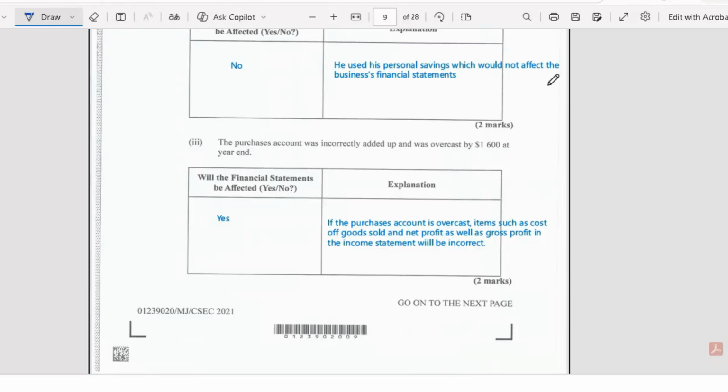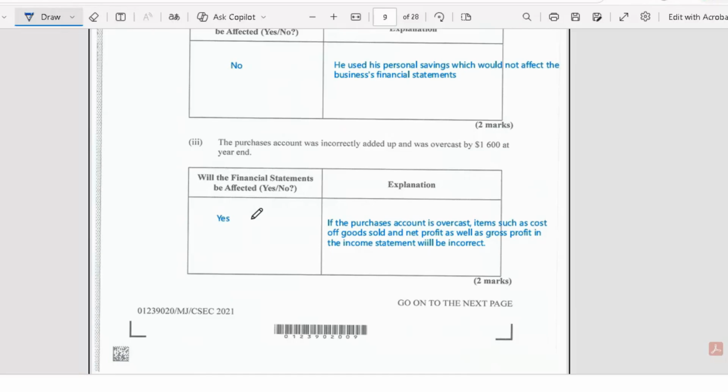Number three, the purchases account was incorrectly added up and was overcast by 1600. So yes, this will affect your financial statements because remember that this figure is included in your trading and profit and loss account or your income statement, which is one of your financial statements.